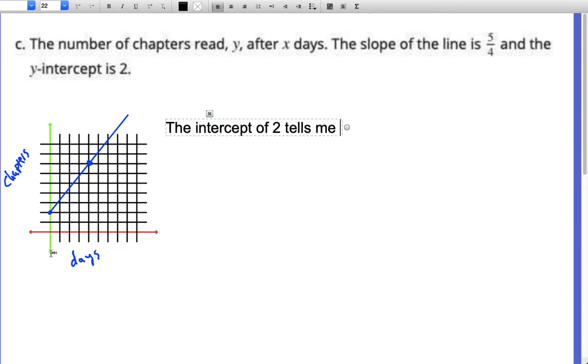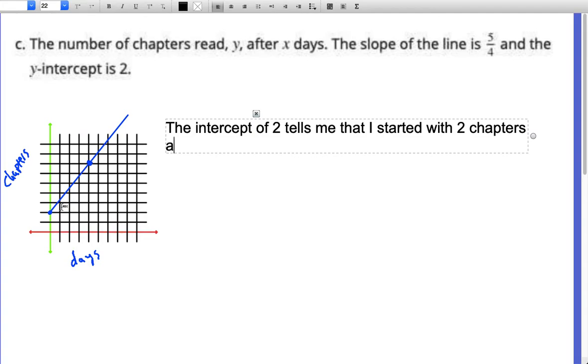So on day 0, so before you started keeping track of your progress, or the day the teacher assigned it, or in class that day before you started doing this for homework, however you want to think of it, tells me that I started with 2 chapters already done. Okay?